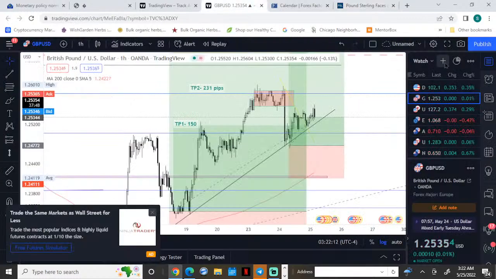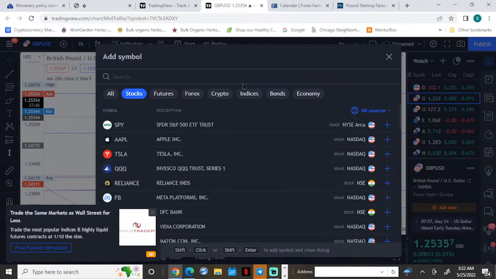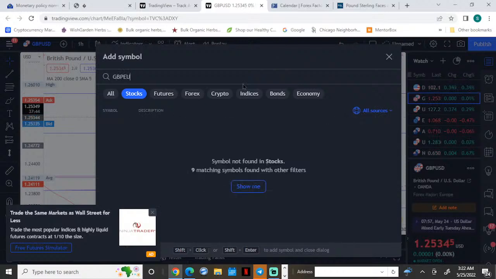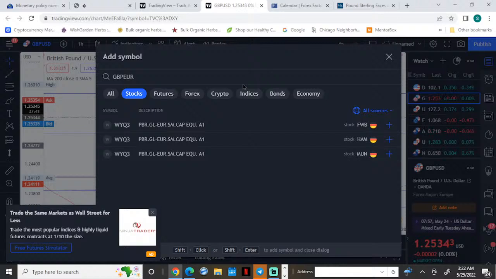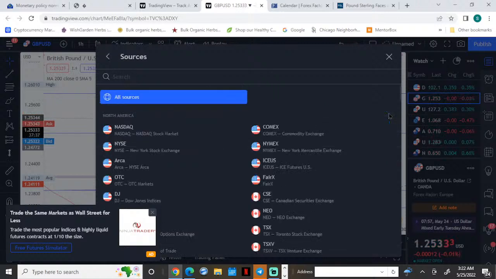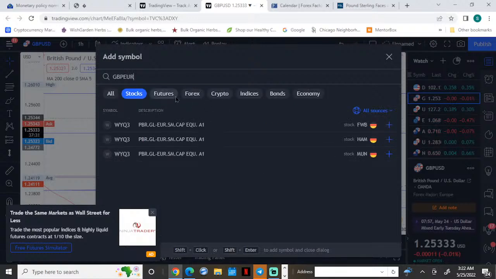I don't really trade the pound euro, but I am going to start watching the rest of these GBP pairs because somebody asked me yesterday to look at GBP CHF, and it was really pretty.